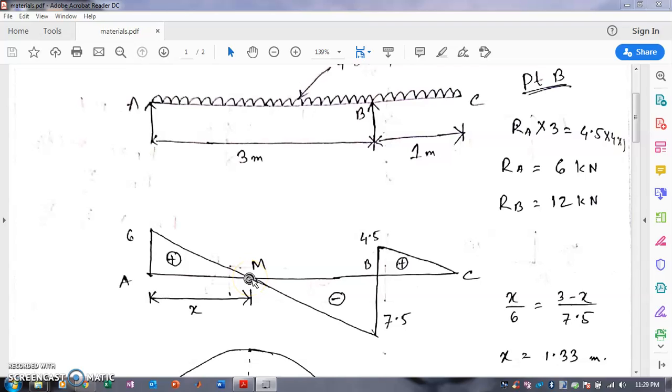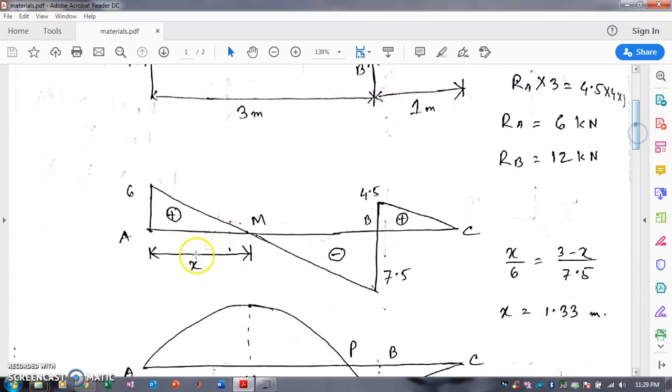So how to calculate this distance x, that is M from A? In the last class we did it, by taking these two triangles as identical triangles, taking the ratio of the sides and equating one to the other.